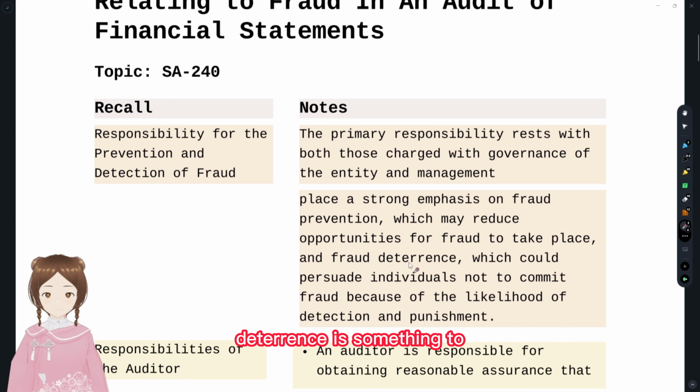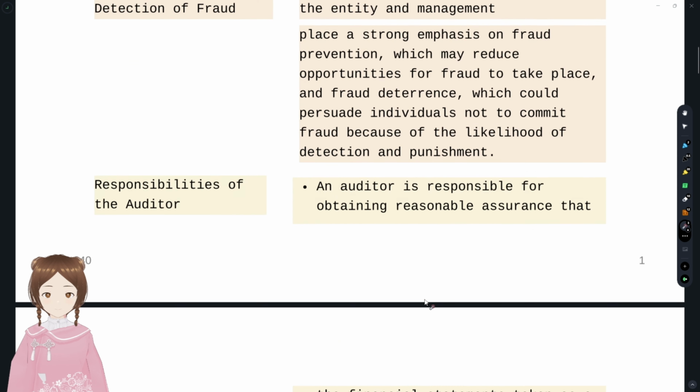Deterrence is eliminating all the circumstances, situations and people that cause fraud, which could persuade individuals, that is, influence them, not to commit fraud. When there are stringent rules or controls, individuals do not commit fraud because of the likelihood of detection and punishment.